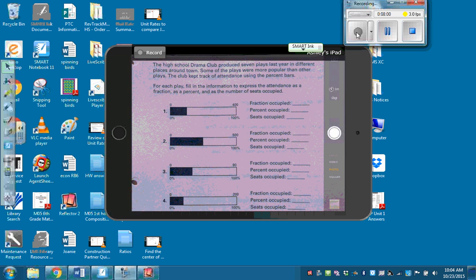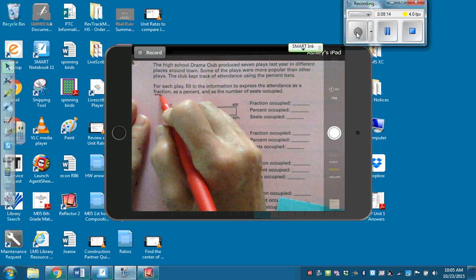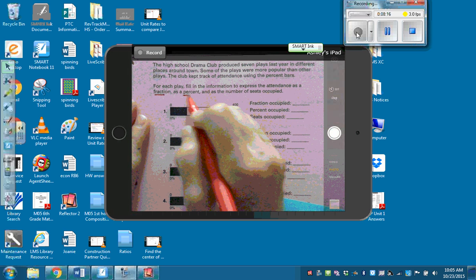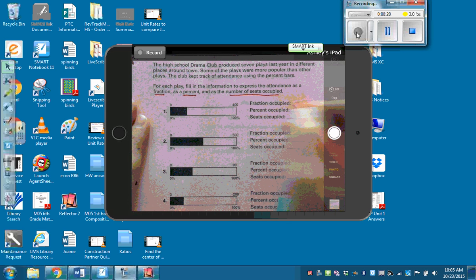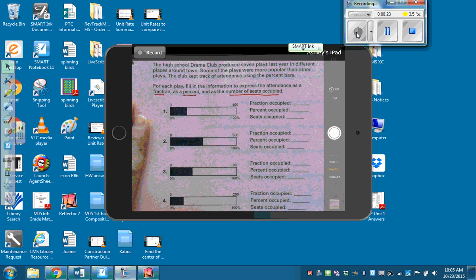So that part's review. And if I did that, let's say, Sophia, how would you mark off the fraction? Because what we have to do is figure out the fraction and the percent and also the number of seats occupied. So just to start a problem like this, Sophia, what would you do? What's that look like?